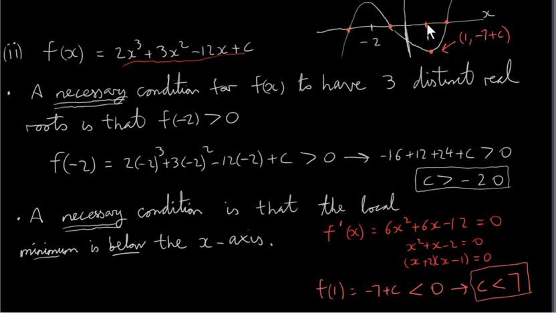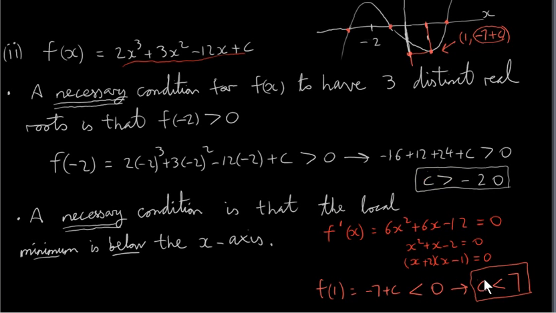We want this point to be below the x-axis, so we want minus 7 plus c to be negative. It has to be less than 0, some negative value. So we put minus 7 plus c less than 0. We solve this inequality. Bring the minus 7 over. We see that c is less than plus 7. So we have the two necessary conditions.